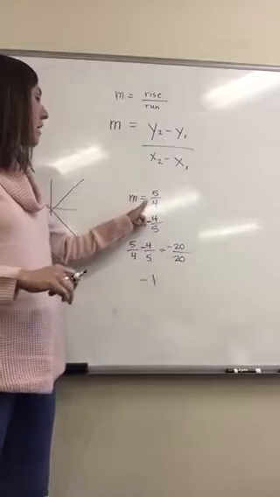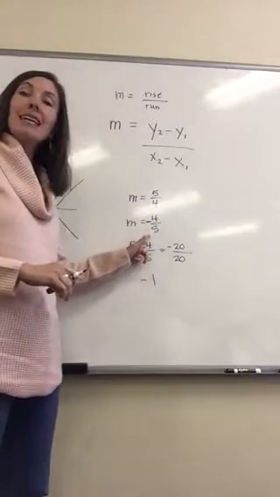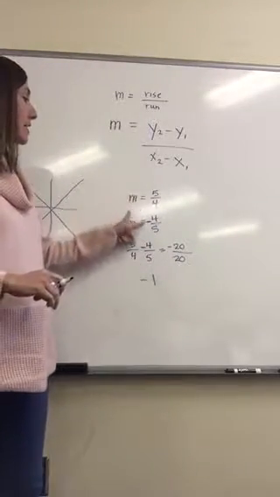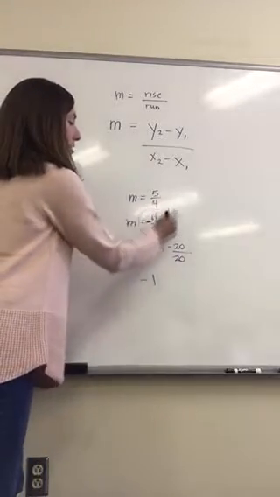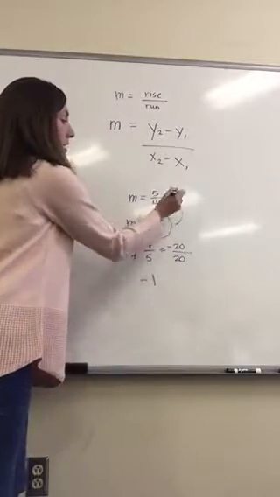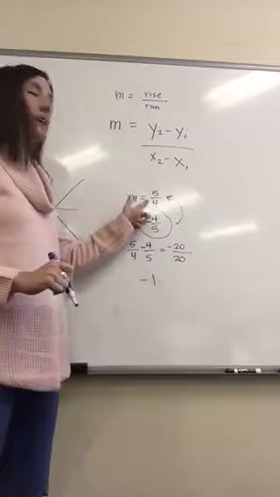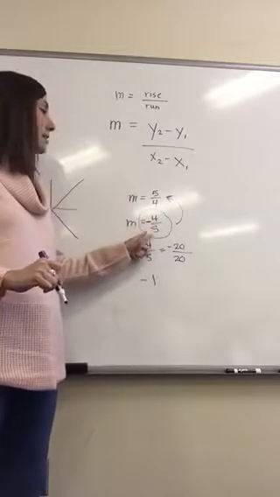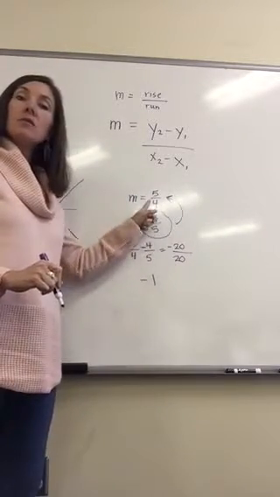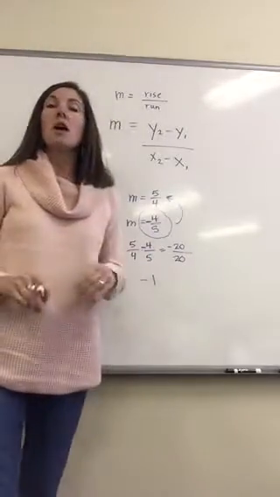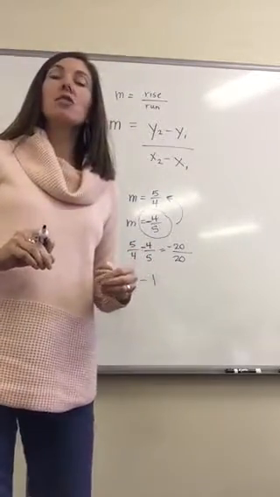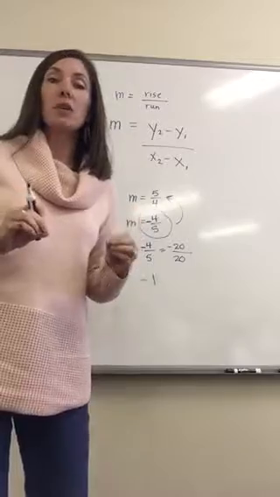Since this one was positive, this one must be negative. So this is the negative reciprocal of this, or the opposite reciprocal, because if this is negative, then this one has to be positive. So slopes of perpendicular lines are opposite reciprocals of each other.